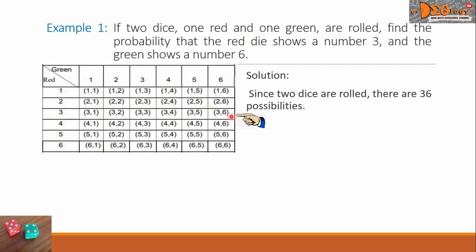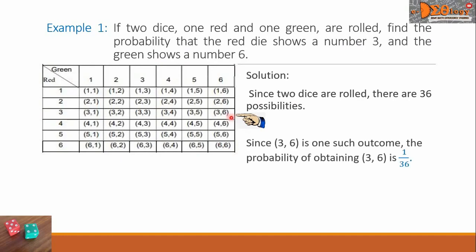Since this is one such outcome, the probability of obtaining it, which means 3 for the red die and 6 for the green die, is 1 over 36. This is our final answer.